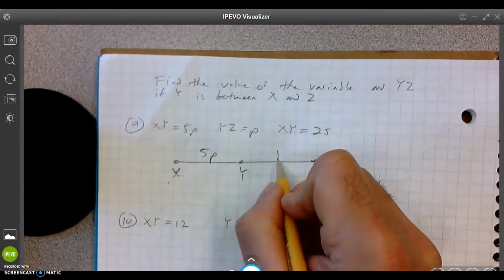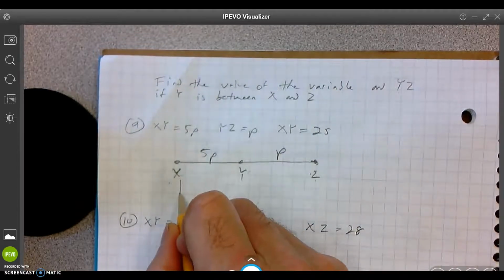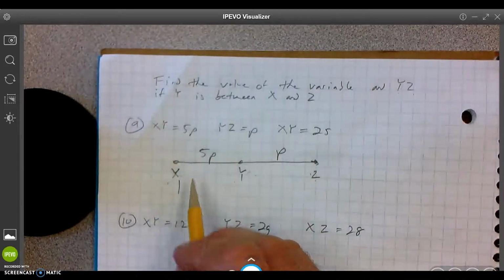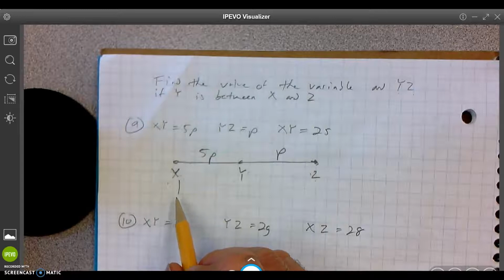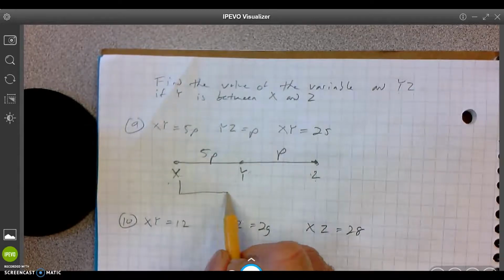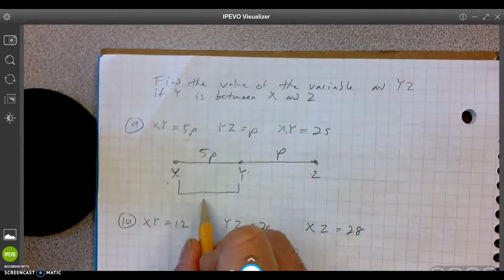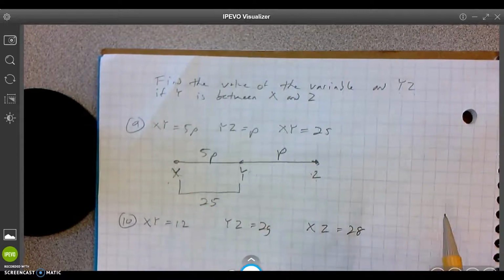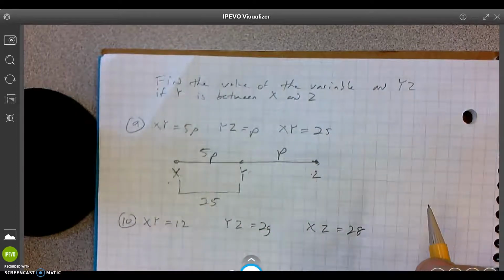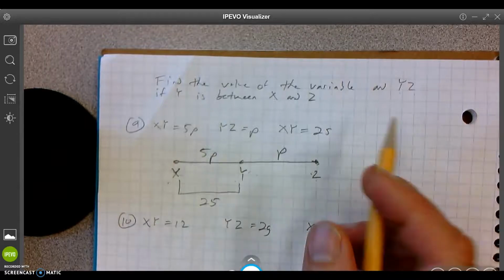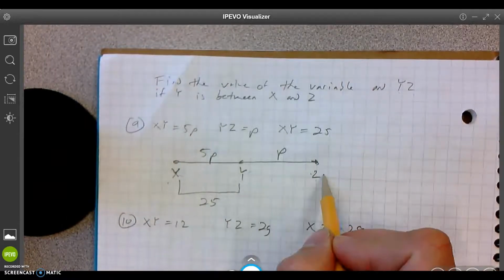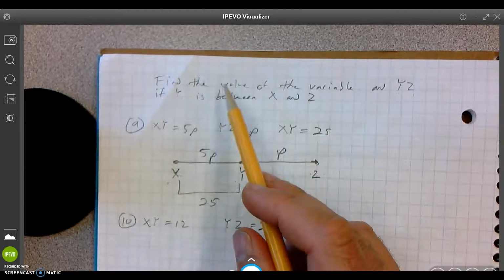YZ is just p. And then XY is 25. It says this is 25. Cool. Okay. So I need to find YZ and p, the variable.